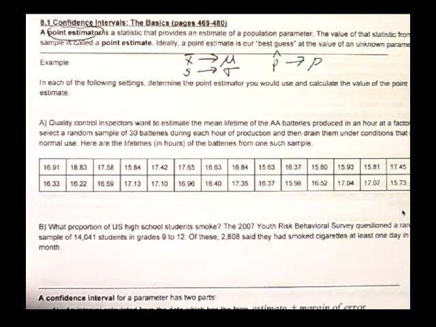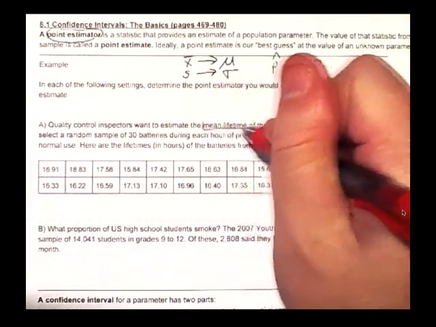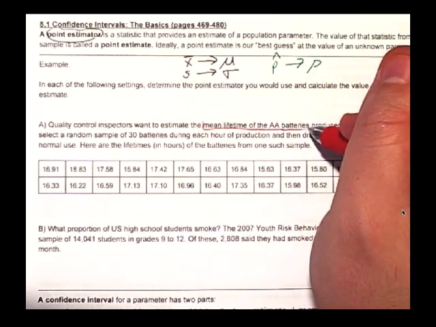So let's see what else it says. In each of the following settings, determine the point estimator you would use and calculate the value of that point estimate. Question A. It says quality control inspectors want to estimate the mean lifetime of AA batteries.